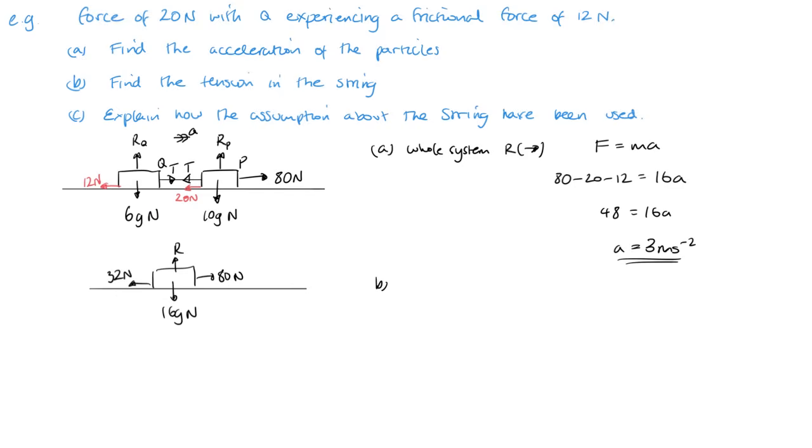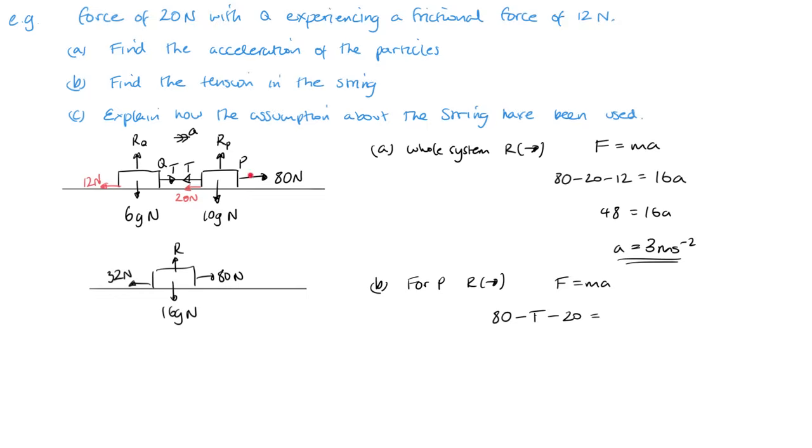Now, part B. Find the tension in the string. To find the tension in the string, I must either consider particle P or particle Q. So if I consider particle P, and again we resolve horizontally, using F equals ma, we've got 80 going forward minus T minus 20.